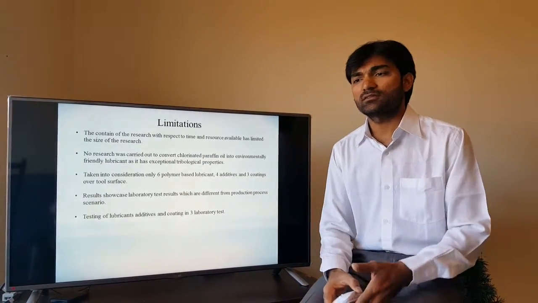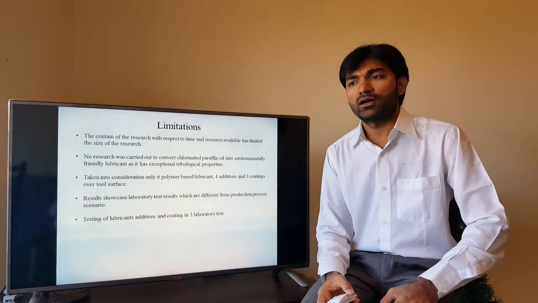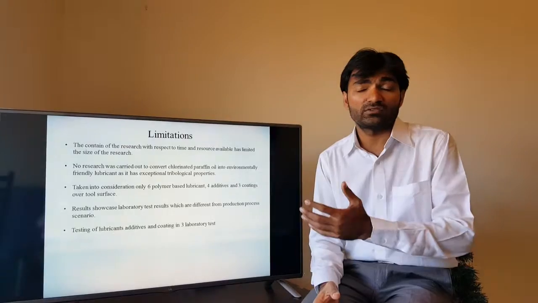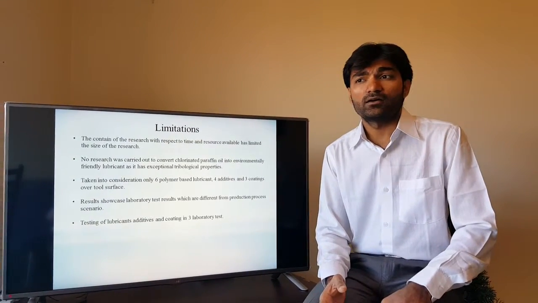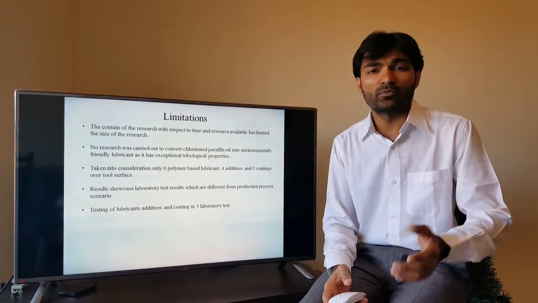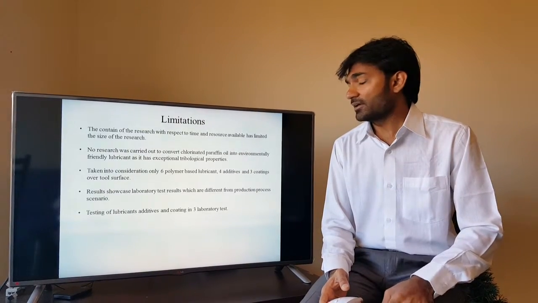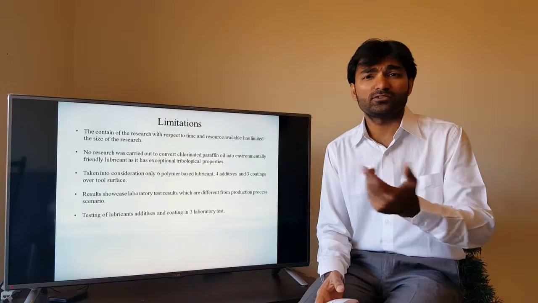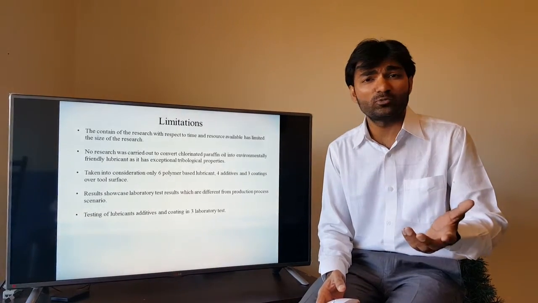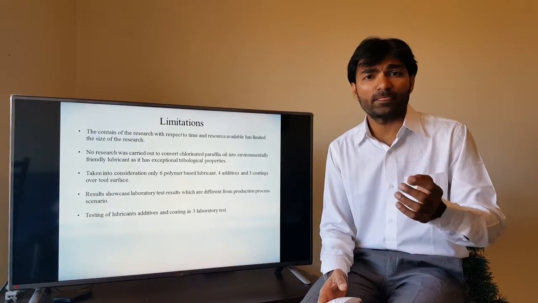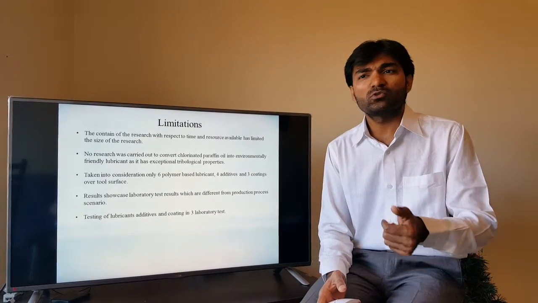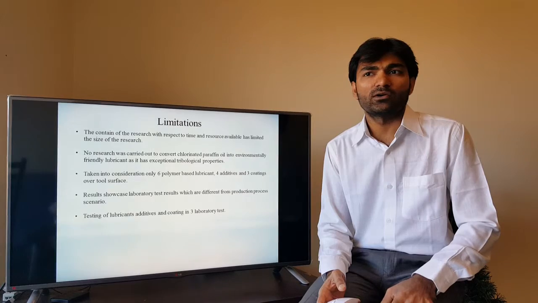The limitations of this research were that there was less time and the sheet metal forming process is a vast area. I couldn't go into much detail, and I just used 6 polymer based lubricants, 4 additives and 3 coatings, and there was no research carried out on chlorinated paraffin oil.